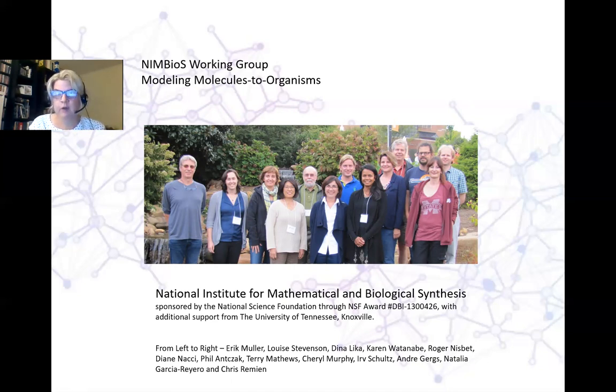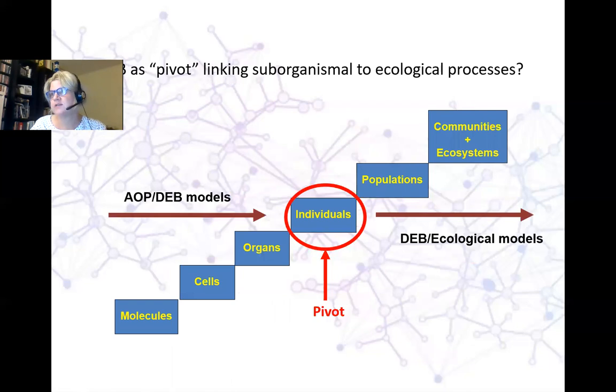But basically what we were doing here is, again, we're going from molecules, cells, organs, individuals, populations, communities, and ecosystems. We have these AOPs that can be linked to the DEB models, and then we have the DEB that can go to the ecological models. But again, this individual is the pivot, and you can see the common denominator right here is DEB. So the key is to get the AOP linked to the DEB.